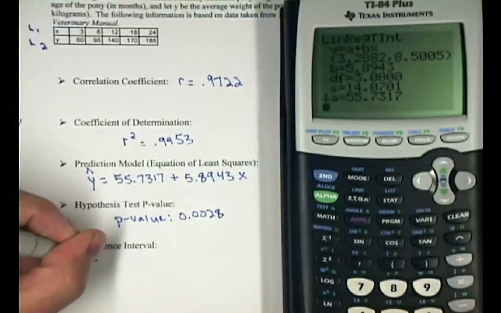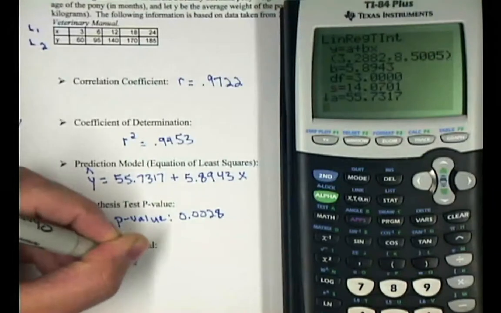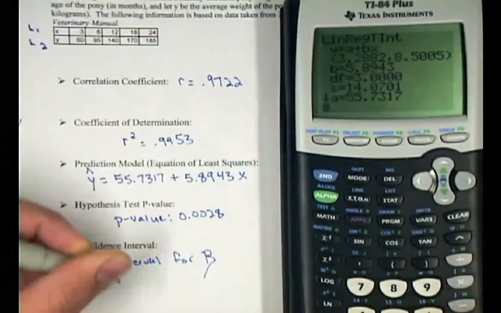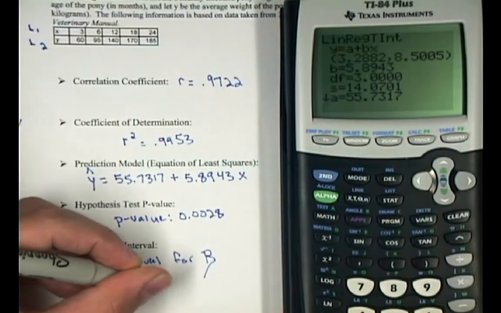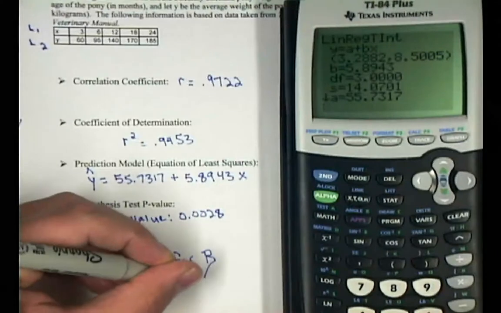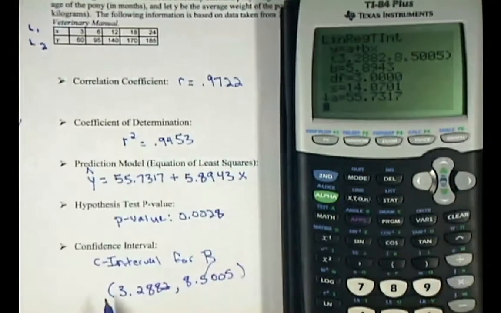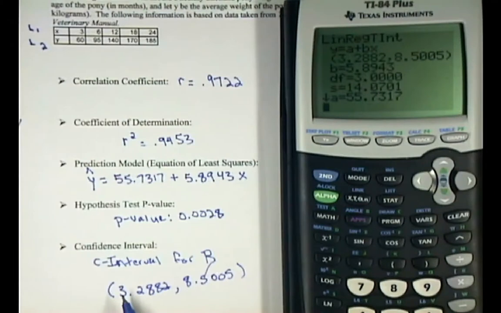So the confidence interval for the slope, for beta, the slope, is between 3.2882 and 8.5005. And what that means is for every unit change in the x variable, the y variable in the population changes somewhere between 3.2882 and 8.5005.